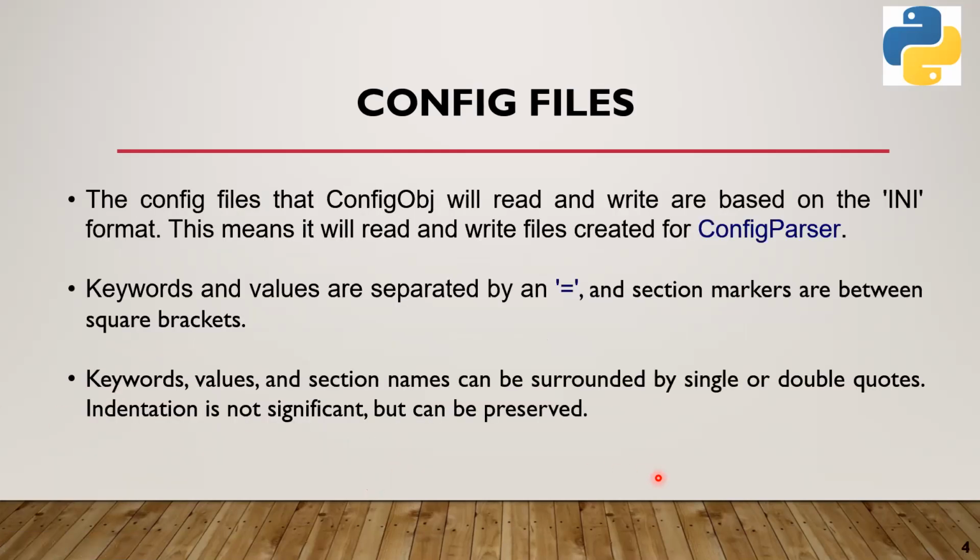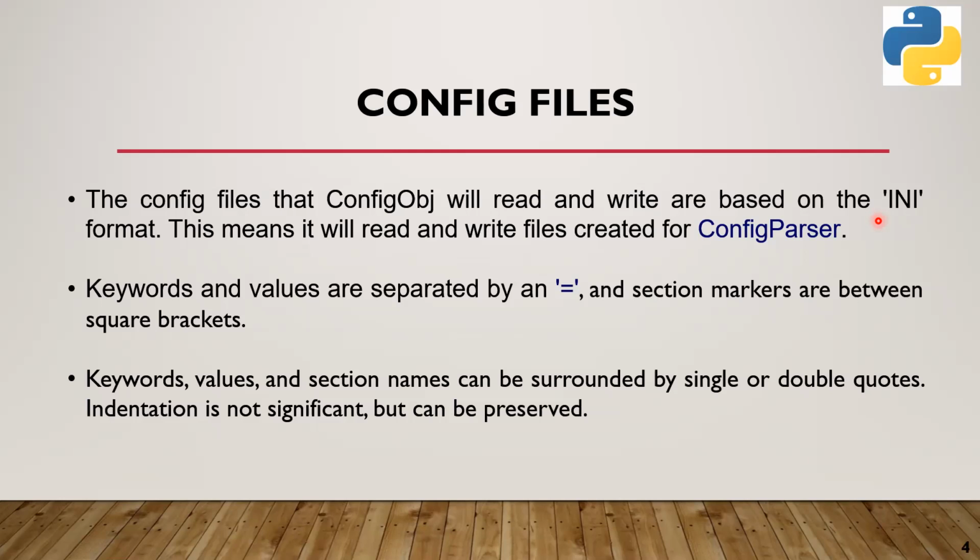Moving on to how exactly I build a config file, or how I proceed further. Now I've understood that a config file is something which is going to be used to store some data. Over here, the config file is based on a config object, which will be read and written on the basis of the ini format.